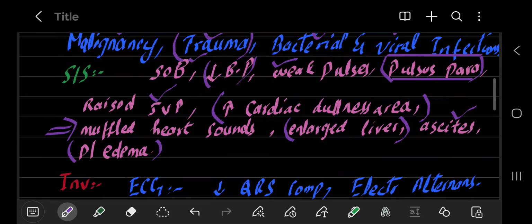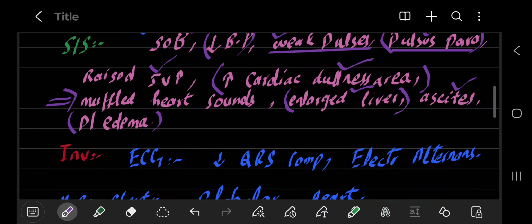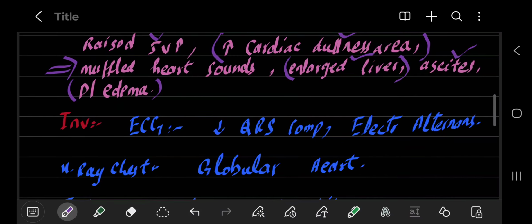So these are the signs and symptoms: shortness of breath, weak pulses, pulsus paradoxus, that is fall in the BP during inspiration, raised JVP, cardiac dullness area is increased on percussion, and the heart sounds on auscultation are muffled, and there is enlarged, tender liver, ascites, and peripheral edema. These are the features of right heart failure also.